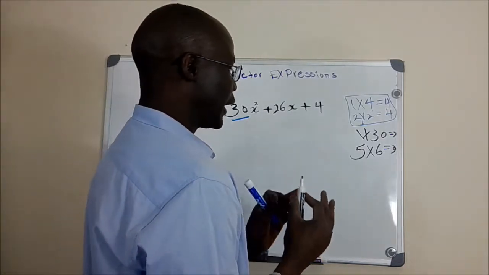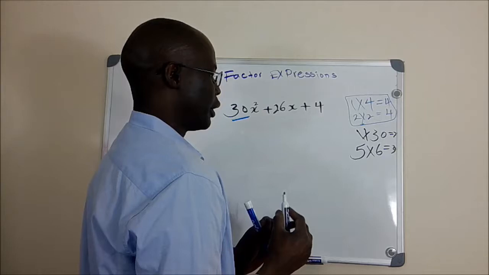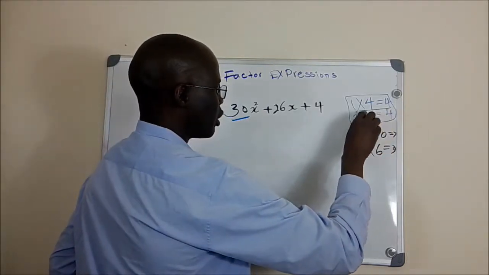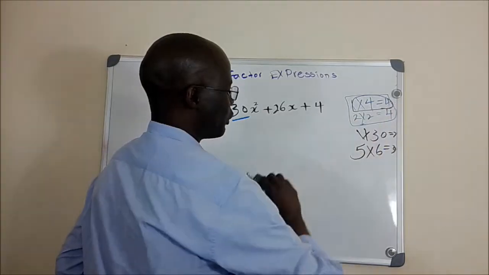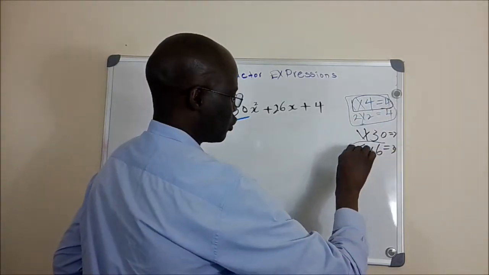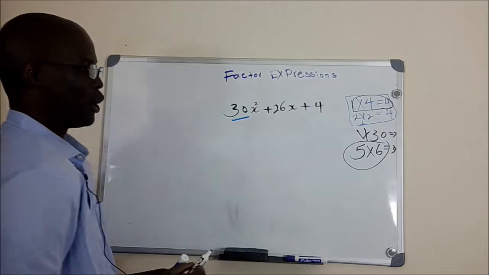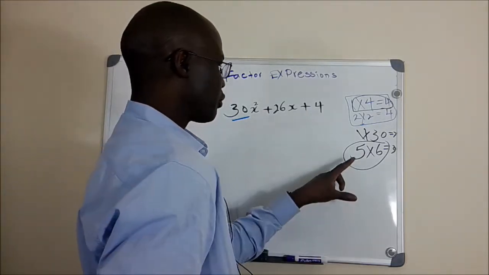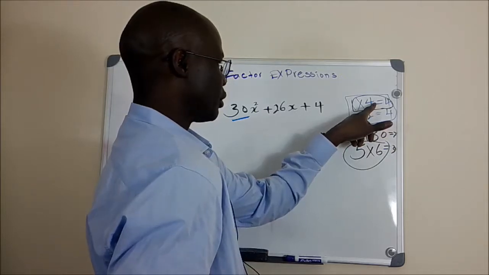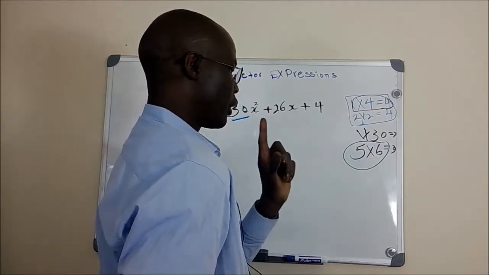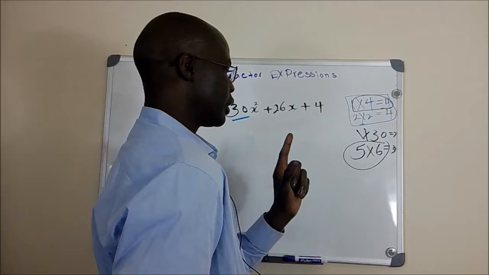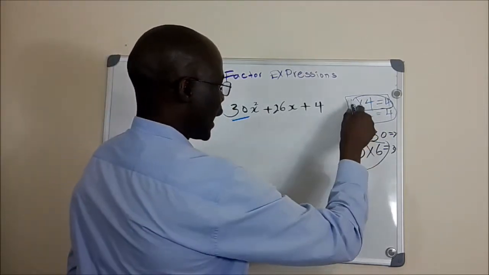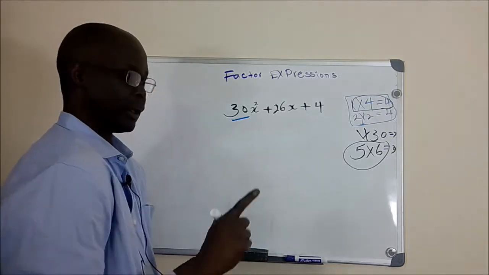And you have to be careful to know, if we look at this number here, it should be the number we need. And this one should be a number we need. Why? Because 5 times 4 would be 20, and 6 times 1 is 6.